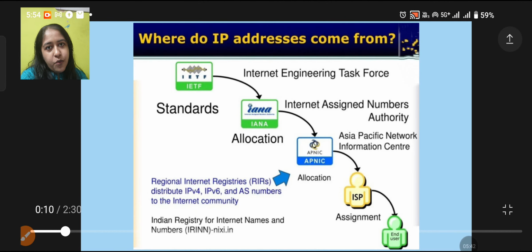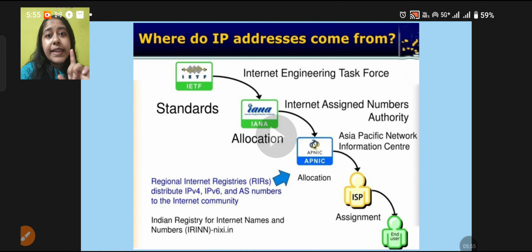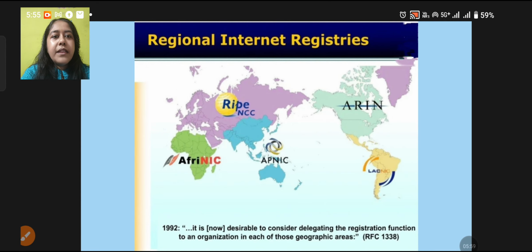So this is the whole path of how you get the IP address whenever you are using the internet. For a client or a host, after coming through this path, we get the IP address for unique identification, right?